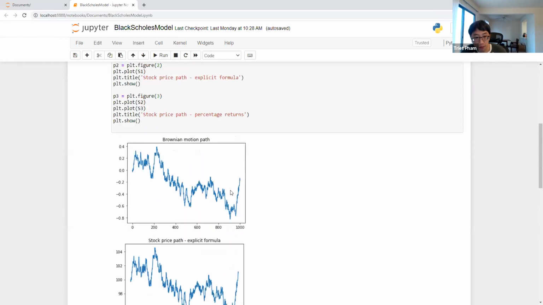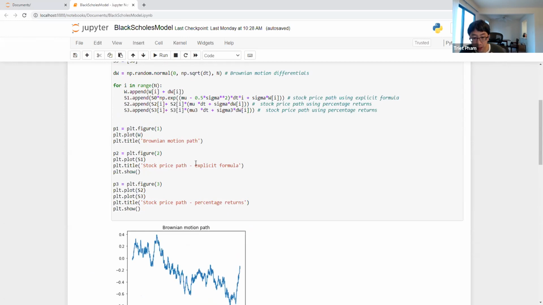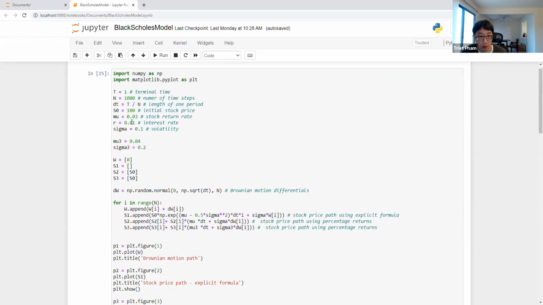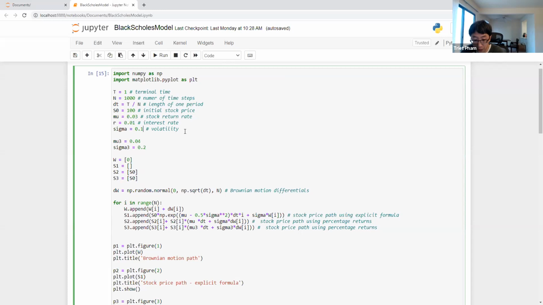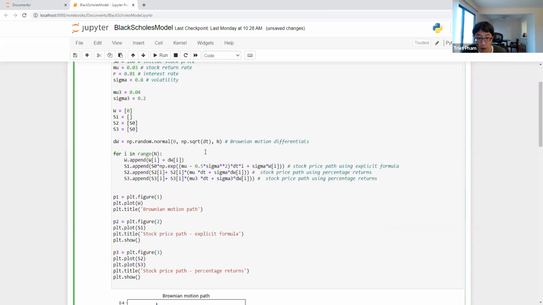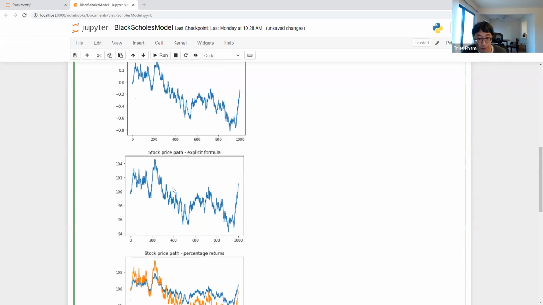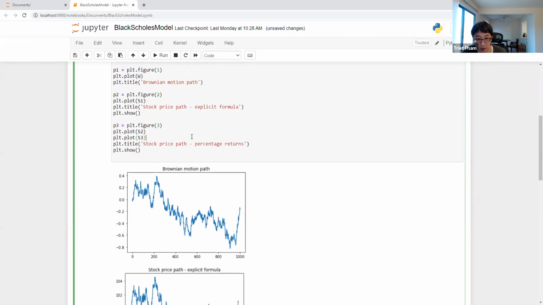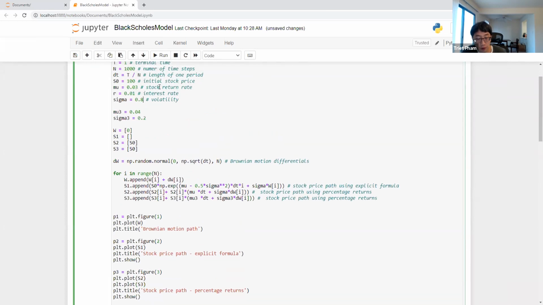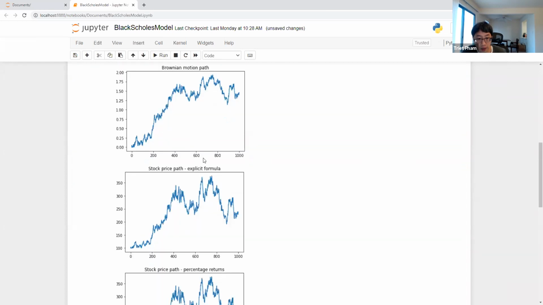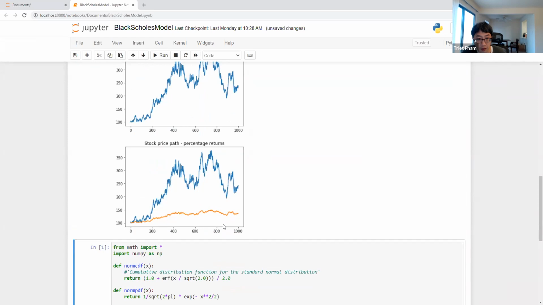Okay. You can play around with many of these things. For example, how would the stock price path move if you make sigma really high? What if you have a really high volatility stock?